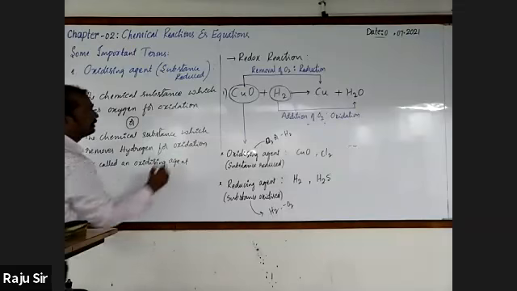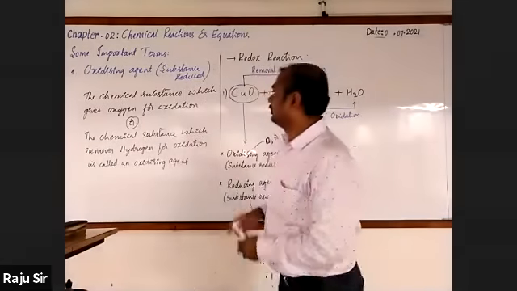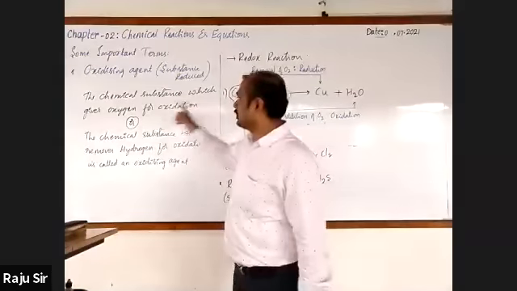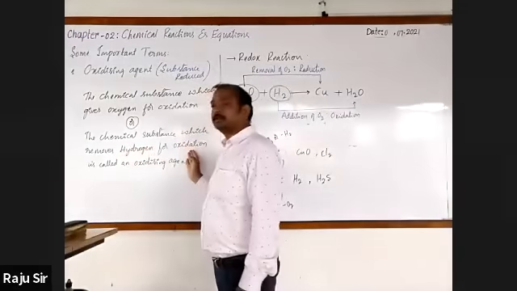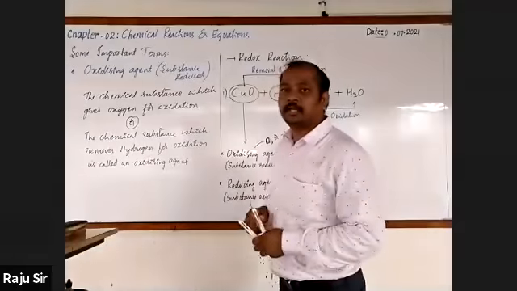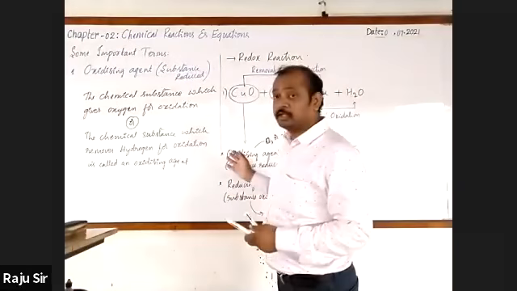Please write with me. The chemical substance which gives oxygen for oxidation or which removes hydrogen for oxidation is called oxidizing agent. I'll give you the example later.